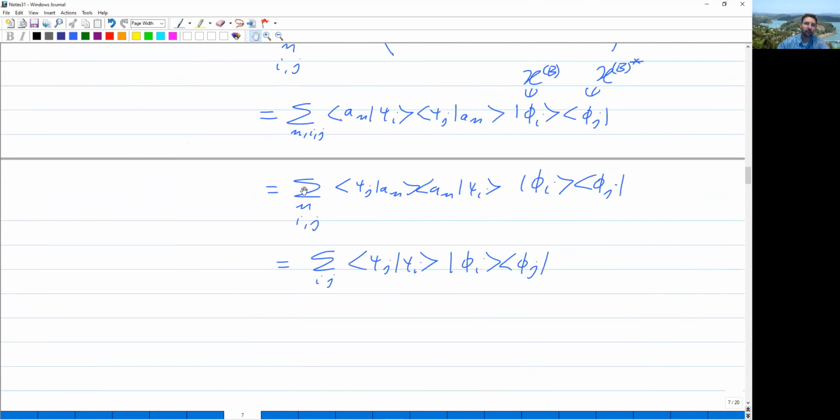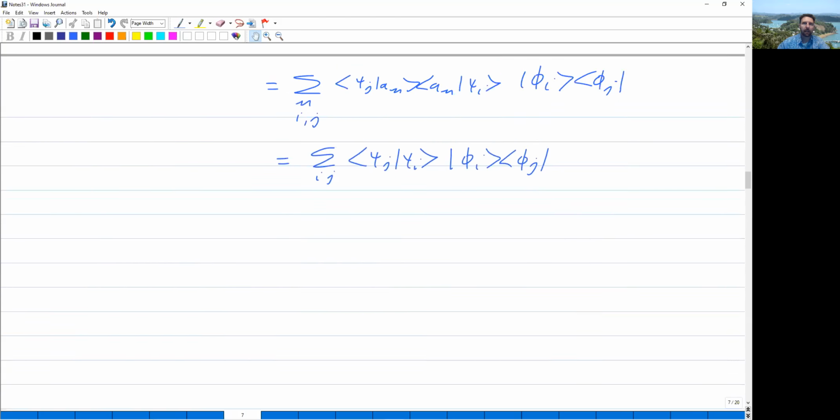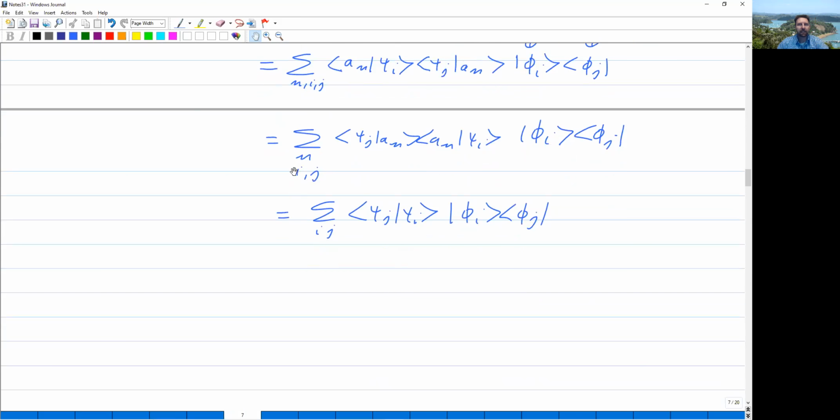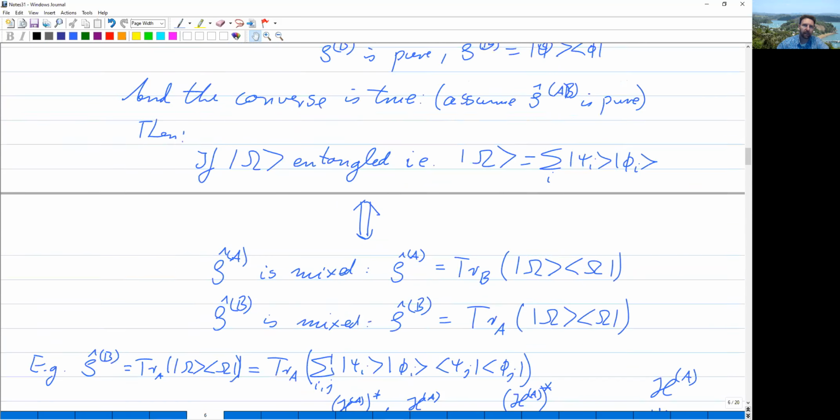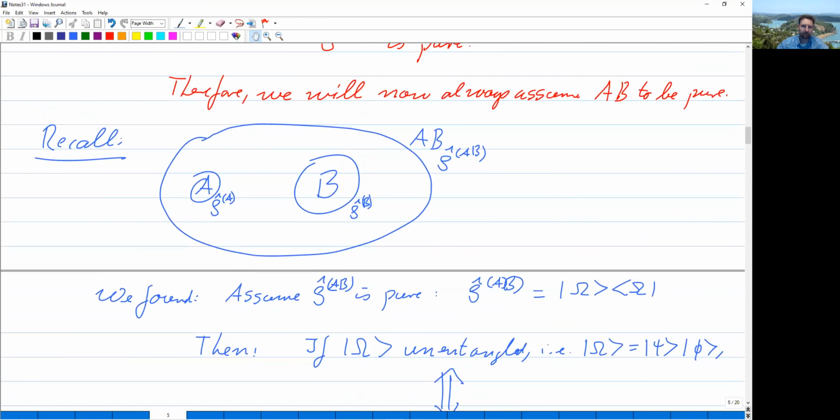All right, now in practice, let me just summarize an important conclusion that we had drawn, namely that if the state of the total system is entangled, remember, if this state is an entangled state, so if A and B are entangled, then rho A is mixed and rho B is mixed.